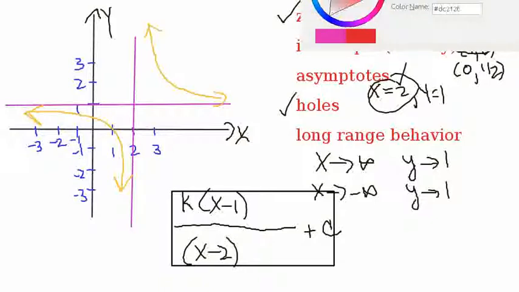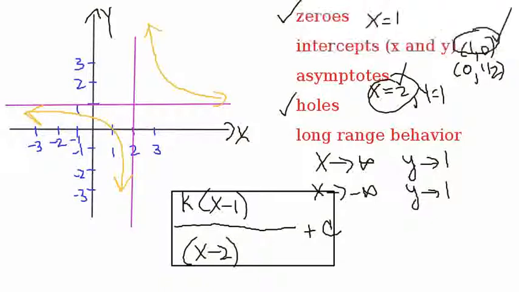So if I had x going to a really big value, the box would essentially go to k plus c. Because remember, the fraction, the x minus 1 over x minus 2, that goes to 1. So all I have left is the k and then the k plus c. So k plus c, we need that to equal 1 to get the long-range behavior, right?